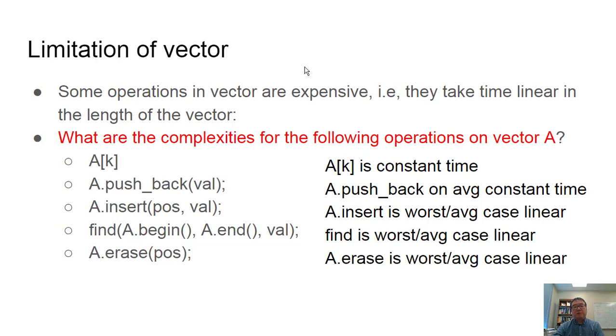The cost of copying a 1 million element array into a 2 million element array is large, but for the next 1 million elements we don't need any cost. So this 1 million copying can be amortized over the next 1 million operations. Then it's on average constant time. If you don't fully understand this, that's fine. This is something you should learn in data structures. But push back itself is fast.